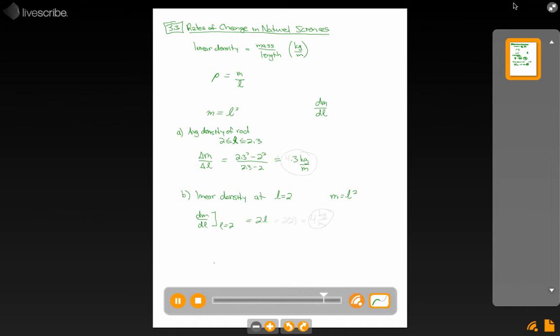The derivative is 2L. And so our linear density is going to be 2 times 2, which is 4 kilograms per meter. So again, the difference between finding a slope between 2 points in the first example, the average density one, and then the slope at a point, essentially with the derivative for the second example.